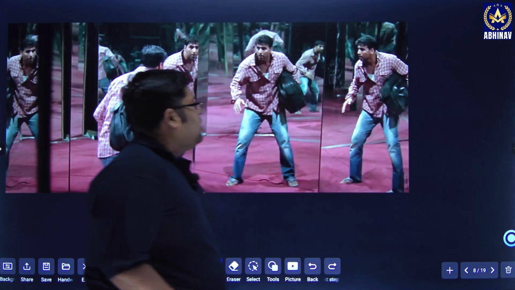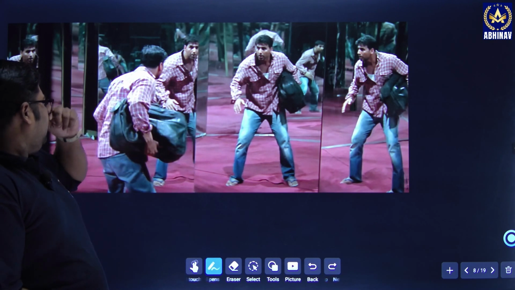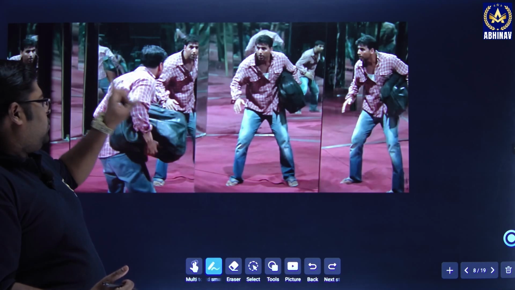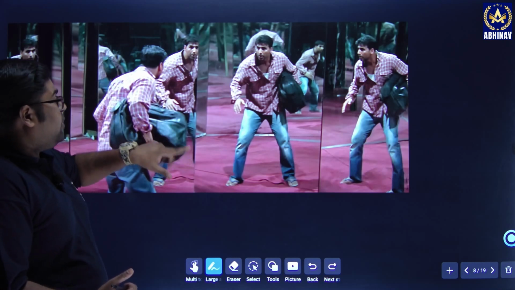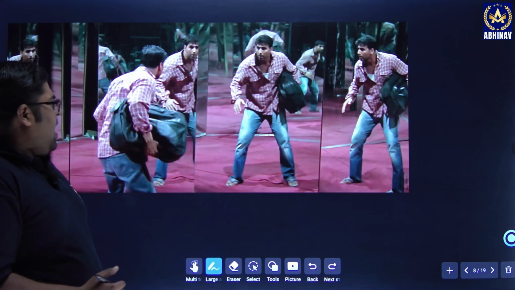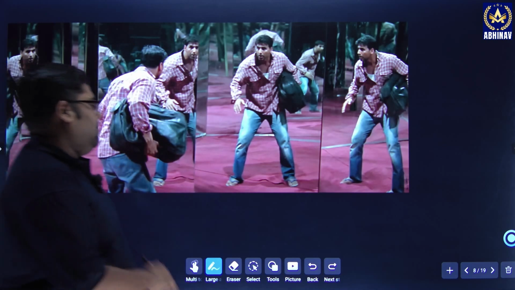Yeah, this is a famous movie. As you can see, there is an actor. You know the name of it, right? So there is only a single person and he can see multiple images through the plane mirrors. All the plane mirrors are arranged at different angles and you can see multiple images of a single person here.